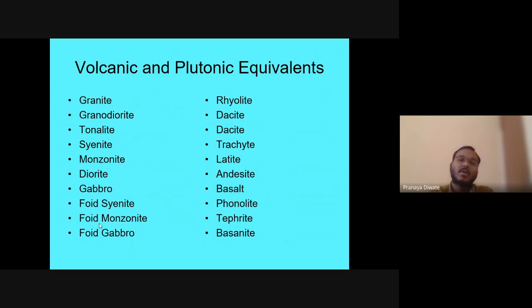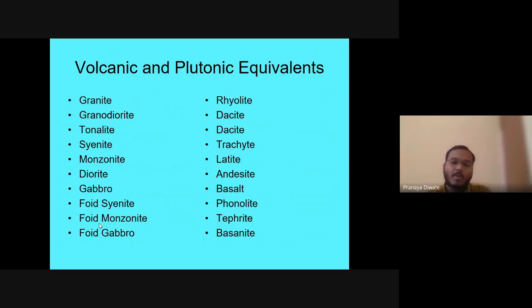Then you have syenite, where dacite is again there. Then you have monzonite, latite and all.